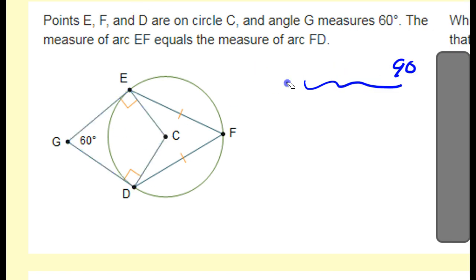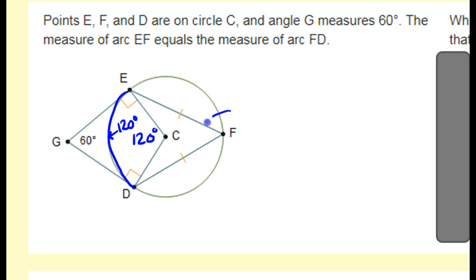So angle ECD is 120 degrees. This is a central angle, so the intercepted arc should be the same measure. So this arc is also 120 degrees.